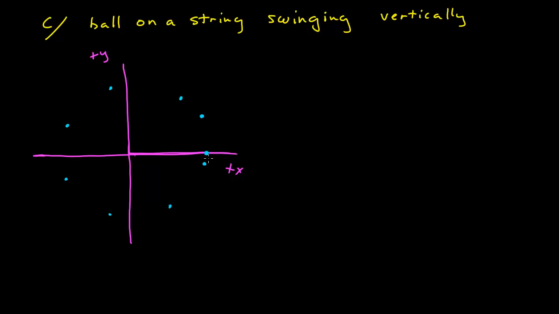But it's on the same path, though it may not line up on exactly the same dot, depending on how fast it's going around in a circle and what my time interval is. But this is now the motion diagram for a ball on a string swinging vertically. I've got x horizontal to the ground, y perpendicular to the ground, and at equal intervals in time, I would see a snapshot of the ball on different parts of the circle.